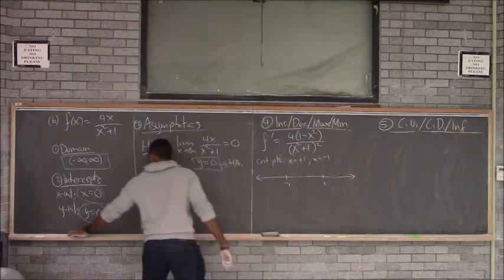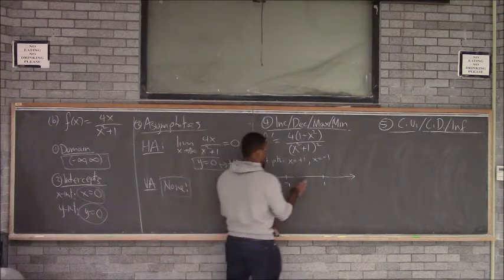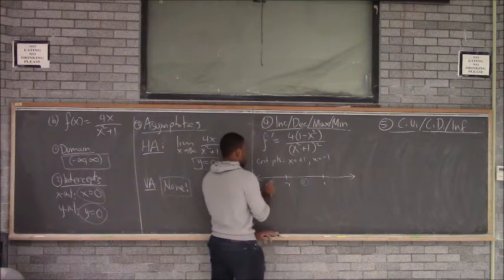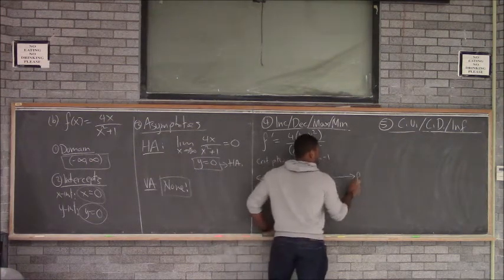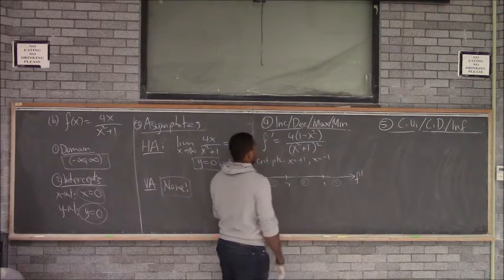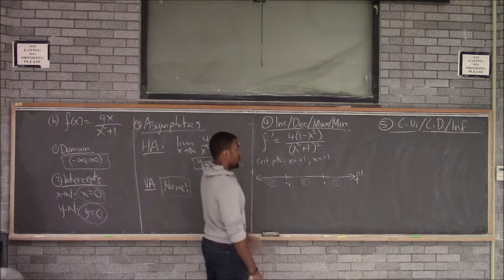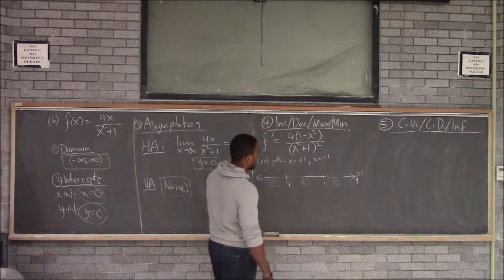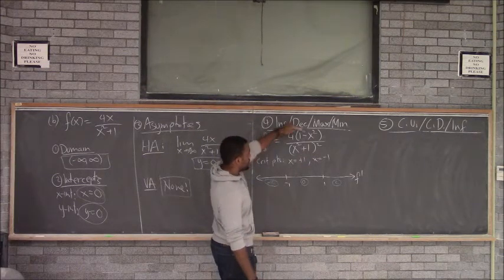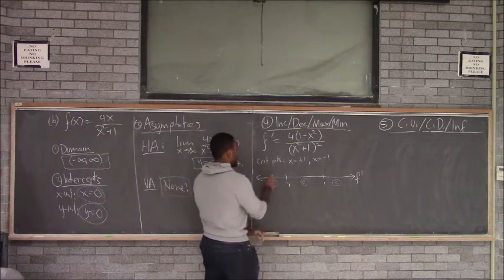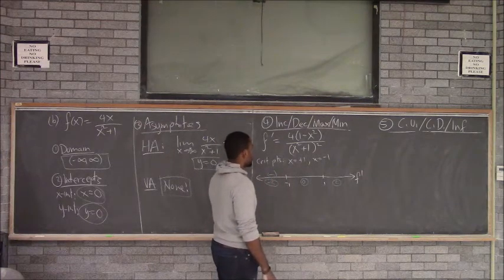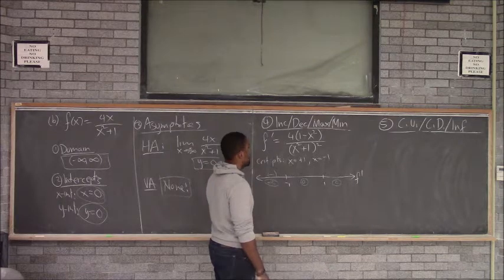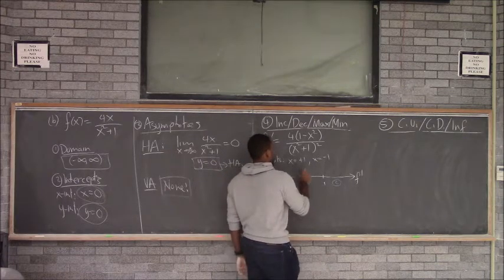I'm going to plug in random numbers. So, let me plug in, say, 0, minus 2, and a 2, into the first derivative. Denominator, always positive. So let me look at the numerator. If I plug in a 2 here, I get 1 minus 4, which is negative. If I plug in a 0, I get a positive.